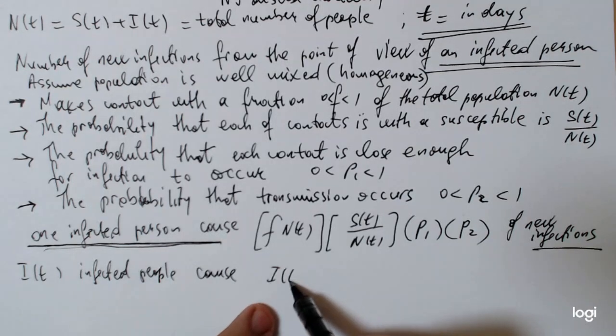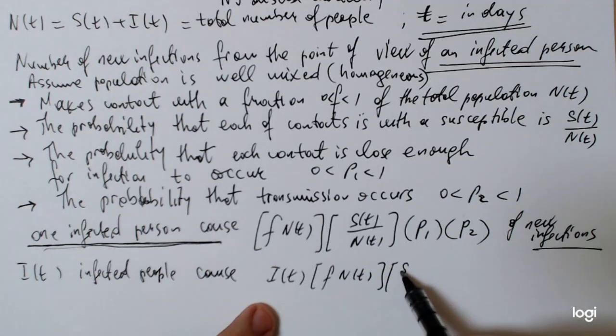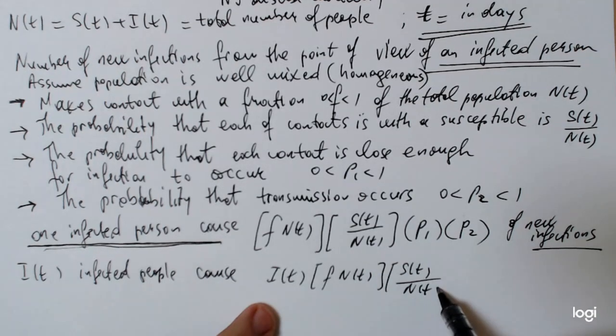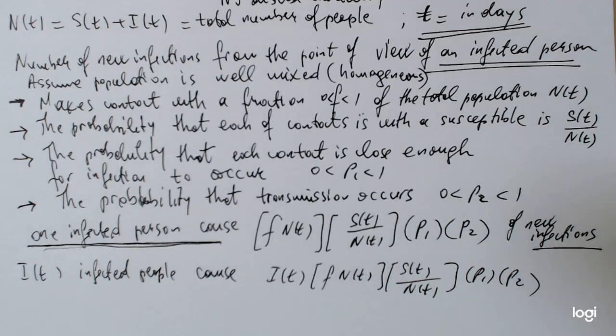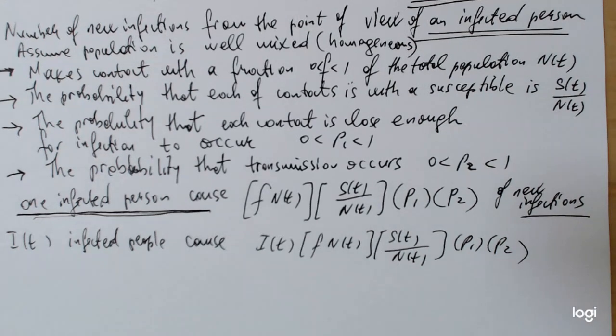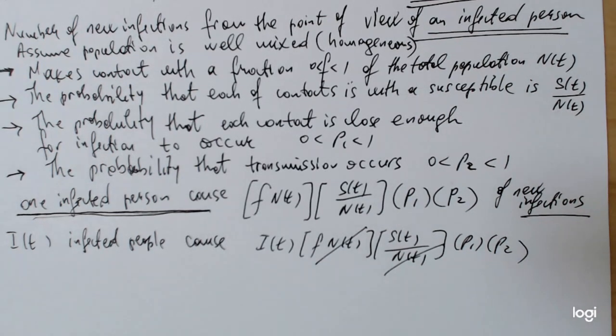So I of t times f times n of t, times s of t over n of t, and some reduction probabilities depending on the context. I want you to notice that in this case, the total population cancels. And you have a bunch of constants. I have 3 of them here, but there could be more than that if you have other hypotheses.